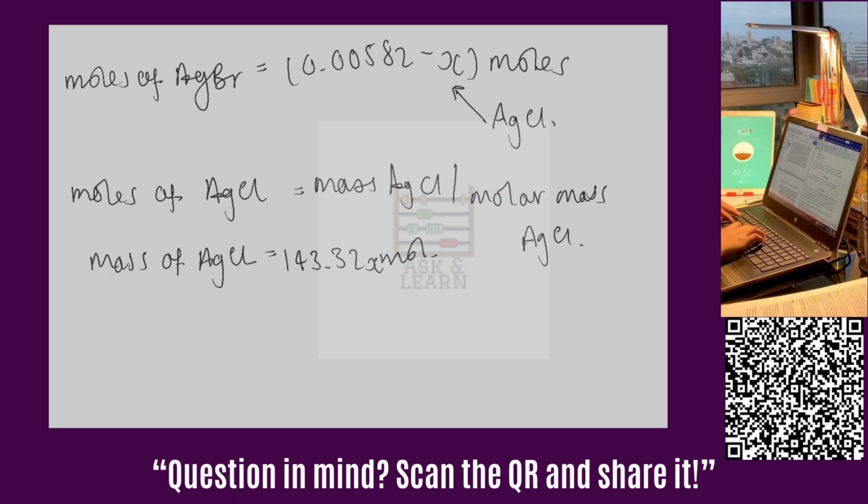Because we still have that unknown mole, and then we do the exact same for our mass of AgBr.